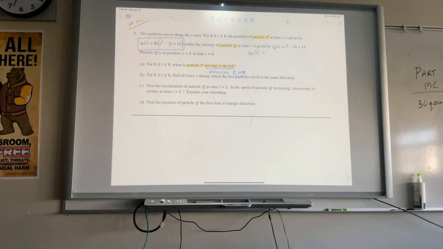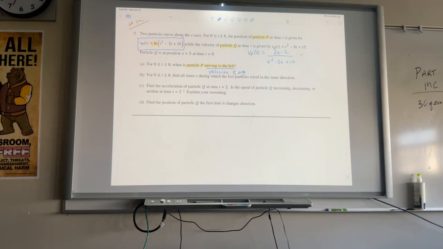Okay. Guys, what's the derivative of ln? Guys, stay focused. All right, ln is 1 over, and then we have to do what? Times the derivative of the inside, yeah? What's the derivative of the inside? 2t minus 2.